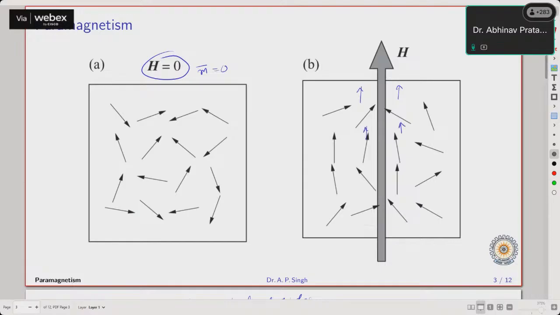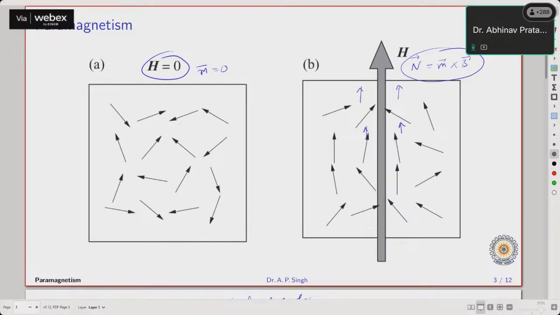Whenever you place a dipole in a magnetic field, a torque acts on that dipole, and that torque tries to rotate all the dipoles along its direction. But still, some alignment is there, but complete alignment is missing.